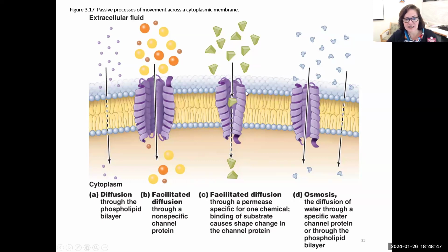In contrast, we can have facilitated diffusion that's a little bit more specific. I think of these as doggy doors that only open for the dogs wearing the special collar that matches this door. Not every dog can get through, but any dog wearing this collar can get on through. They have to be shaped right to bind to this thing so it can pass through.